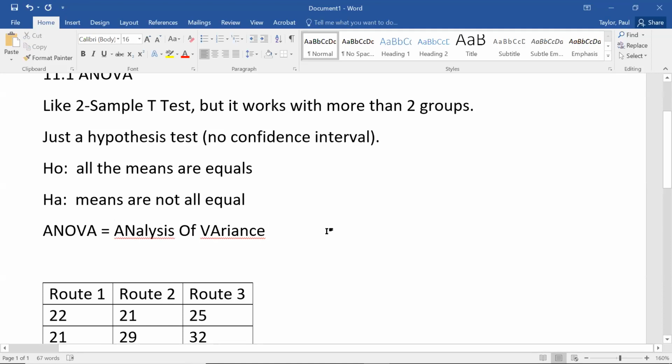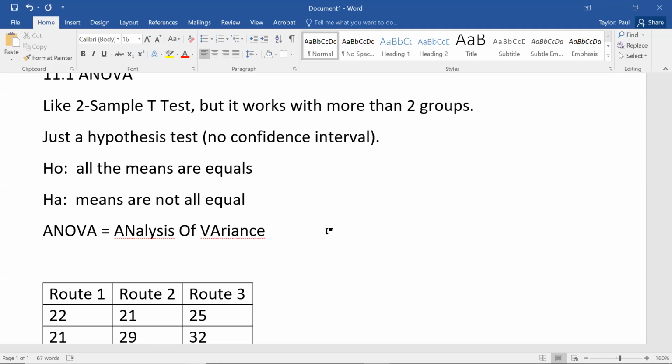And so the idea is that each of these groups has a bell curve. And if we look at the bell curve that goes with each of the groups, if the bells overlap a lot, then it makes sense that maybe the mean is actually the same for all of them.